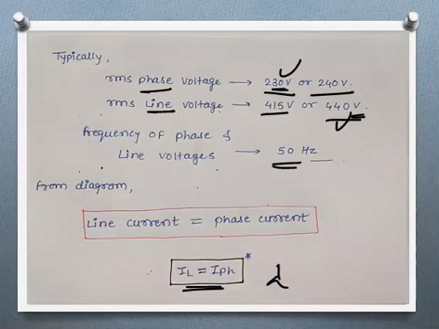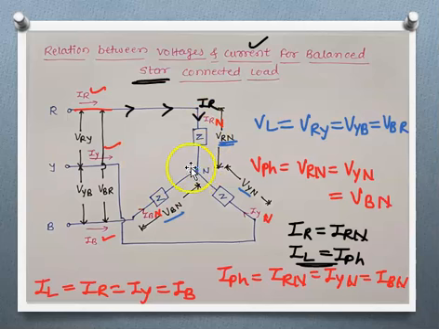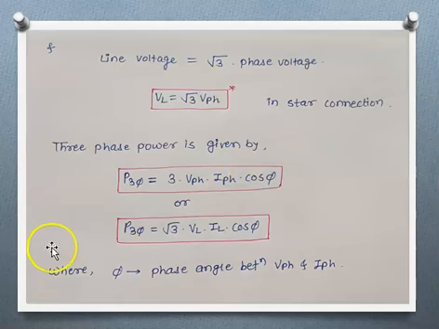Okay, now let's see what is the relation between phase voltage and line voltage. For that we have to draw a phasor diagram for this star connection. So let's draw here. We know that the 3 windings are placed at 120 degrees to each other.